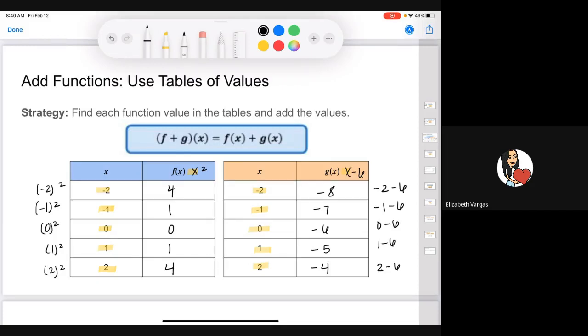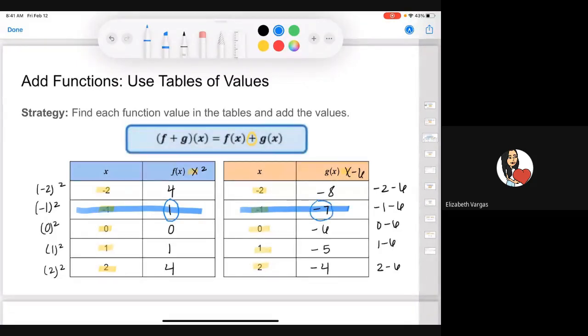And so now what you're going to see is that when you create these tables of values, you can add your resulting numbers together to find out what f of x plus g of x is. Let's look at the example that we had earlier, which was -1. If I add my resulting values together, I have 1 and -7.